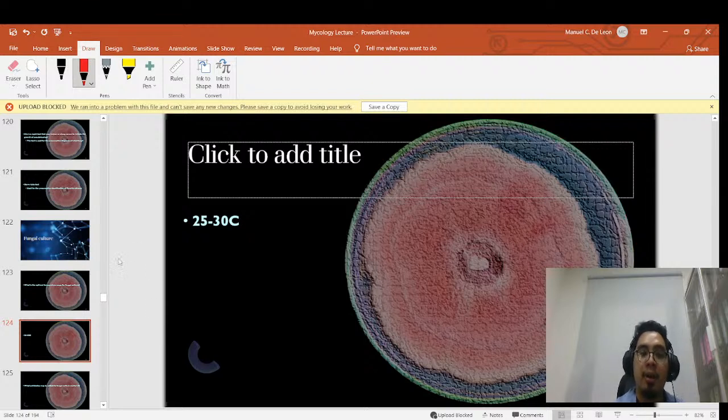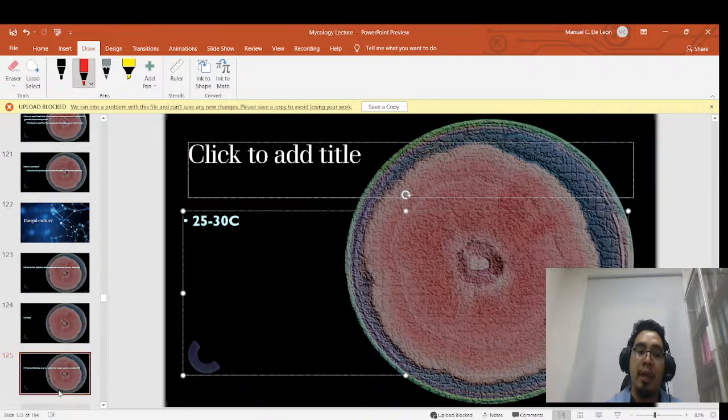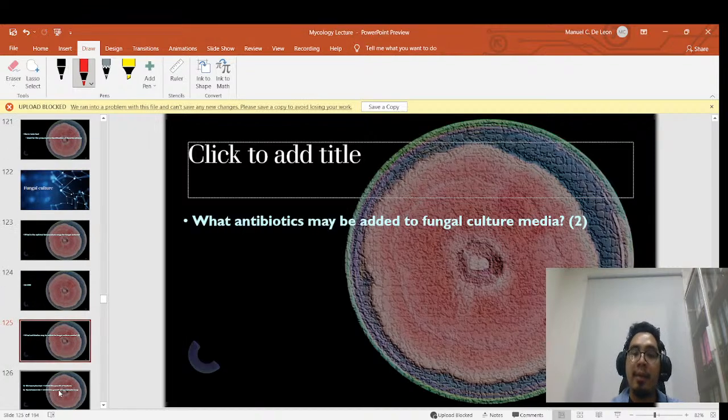This is based on some of the ranges that were put on the board exam from previous years. Another one is 20 to 25 degrees Celsius, but just remember it's room temperature, all right? Antibiotics that may be added in fungal culture media: we have cycloheximide and of course, chloramphenicol.